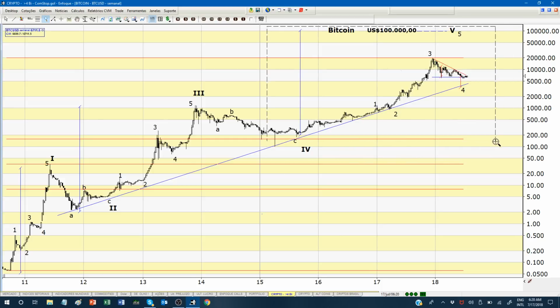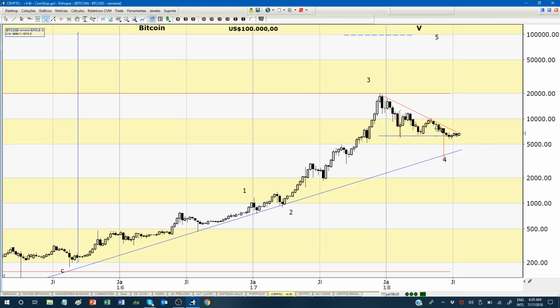Until before the last video, I was looking at this as a descending triangle.